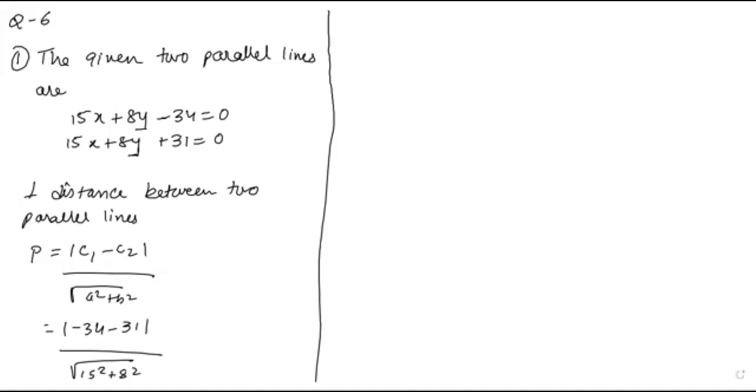Right. So this will be minus 65 whereas you know that 8, 15 and 17 are Pythagorean triplet. So here you will get 65 by 17. Right.